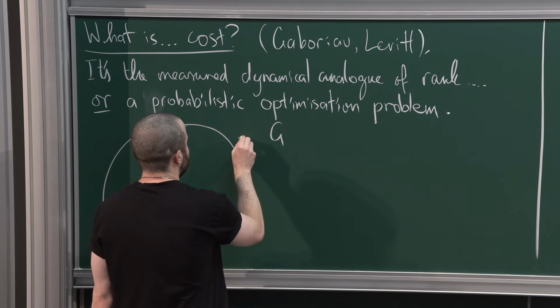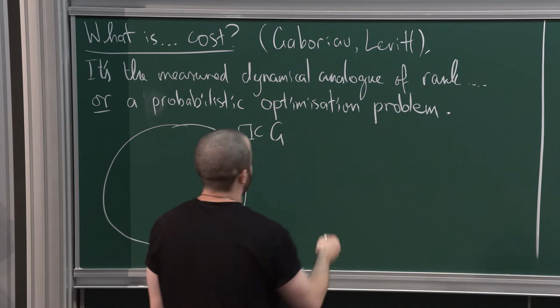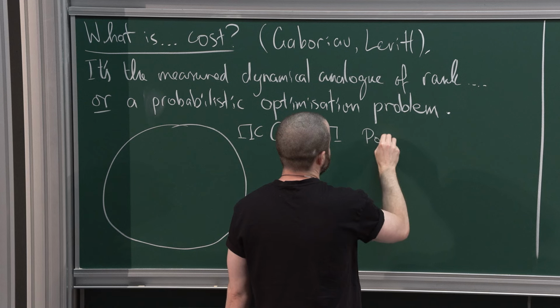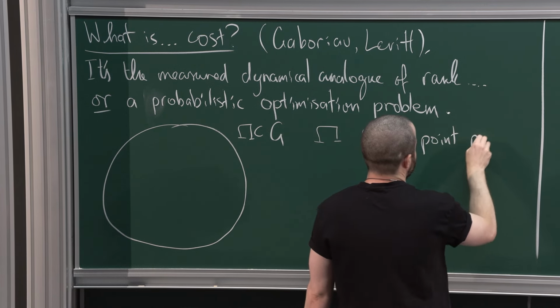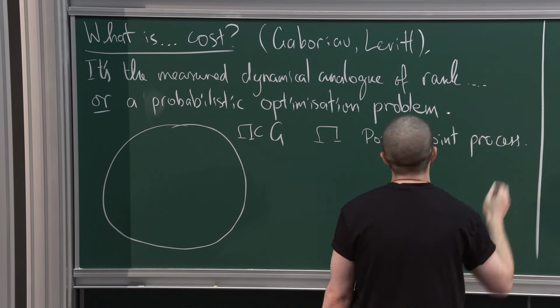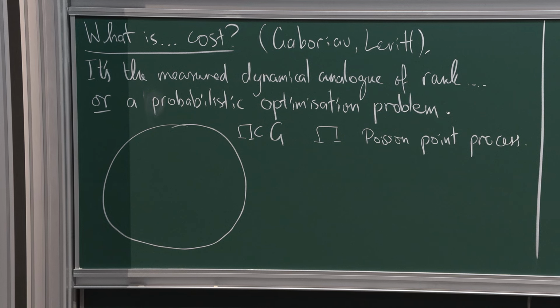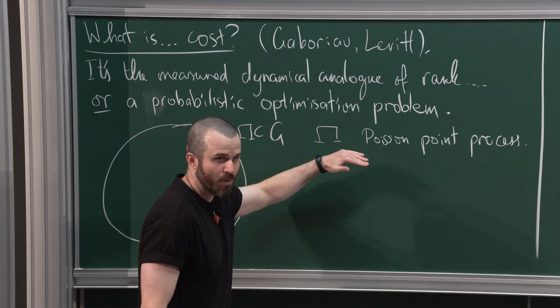I want you to take pi to be a random subset of this group. And you will not be surprised to learn that pi is the Poisson point process. So we heard a bit about this on Friday, and if you attend the exercise sessions, you'll learn what this thing is. I want to reassure you that this is an extremely explicit object, basically as explicit as it gets in probability theory.